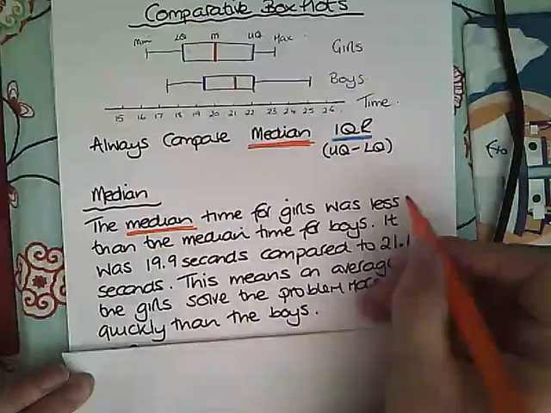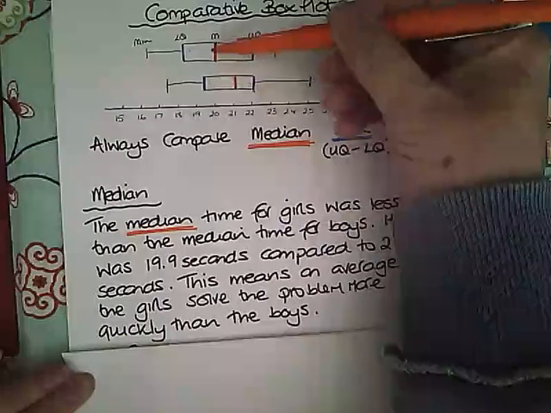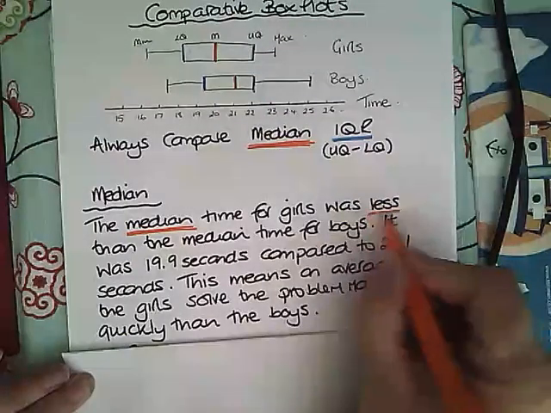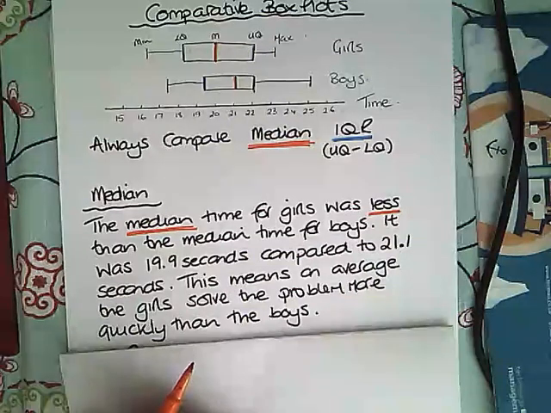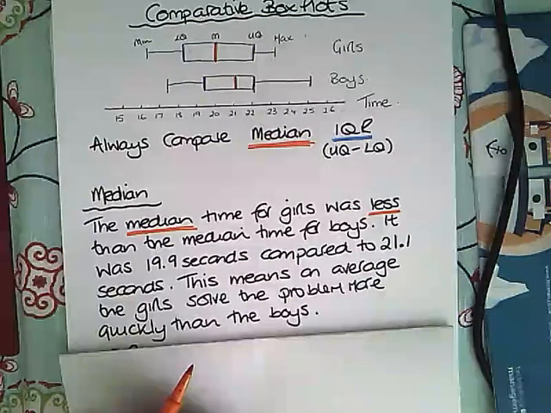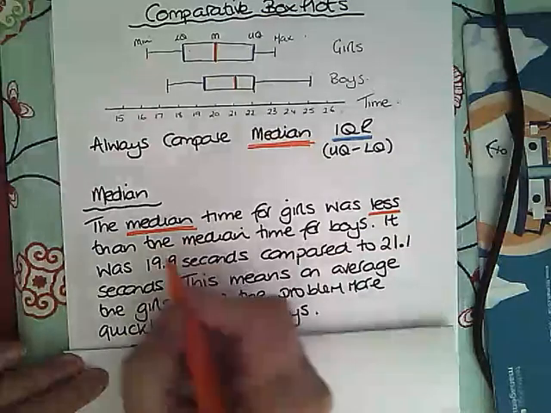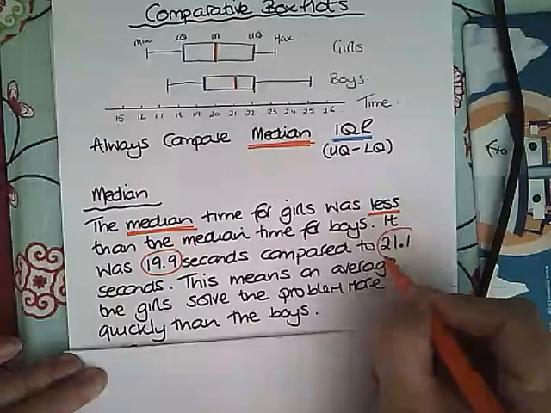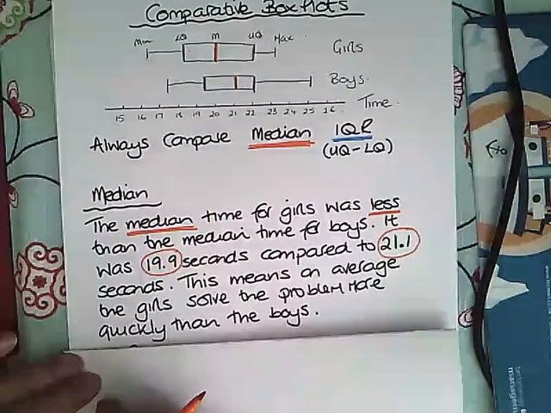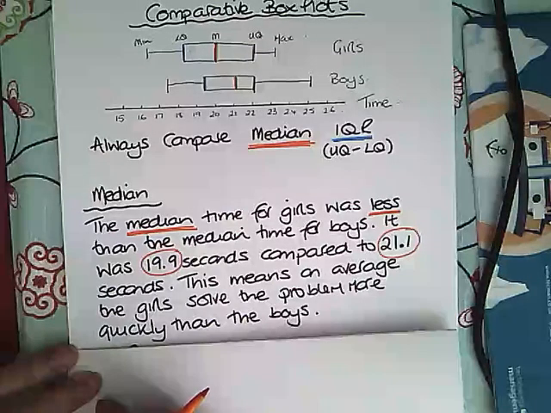So here I have said that the girls' median, this value here, read off this scale, was less than the median time for the boys. Once you have said which one is the larger of the two, you then need to talk about the actual values. So here is the 19.9 seconds and here is the 21.1 seconds. You must then interpret in terms of statistics what this actually means.